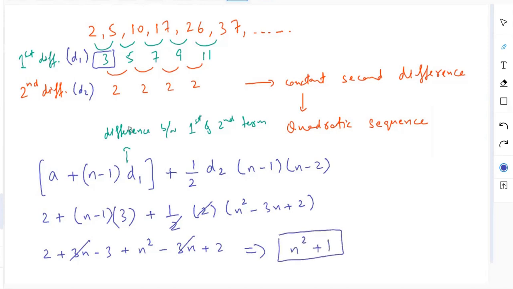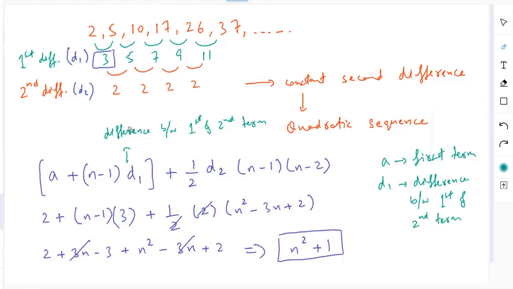That is your sequence. So we can use this formula for quadratic sequences. Now let me write down what the terms mean. A is again the first term. d1, which I wrote there, is the difference between the first and second terms.